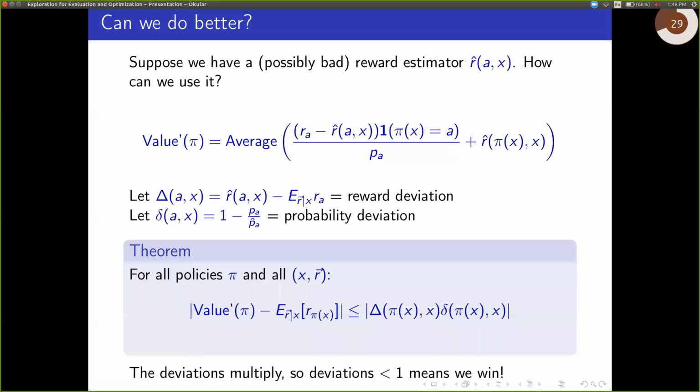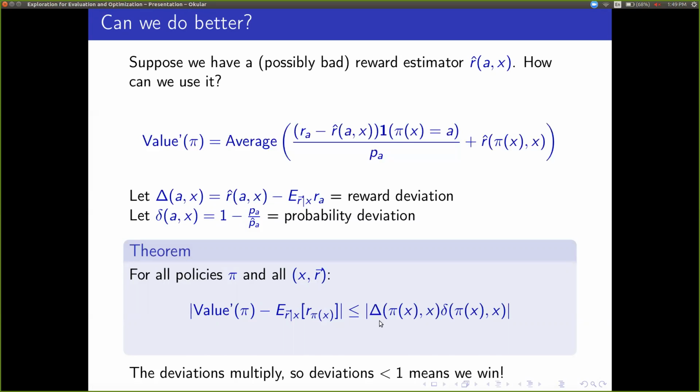Okay, so what can you prove about this? If you have a reward estimator and it has some deviation from the truth, and if you're estimating probabilities and it has some deviation from the truth, then what you can prove is that for all policies and all events, the deviations of the value estimate from the expectation are bounded by big delta times little delta.